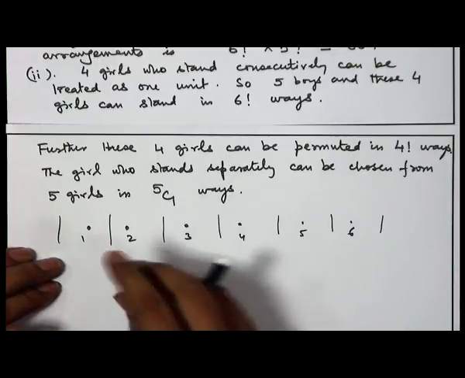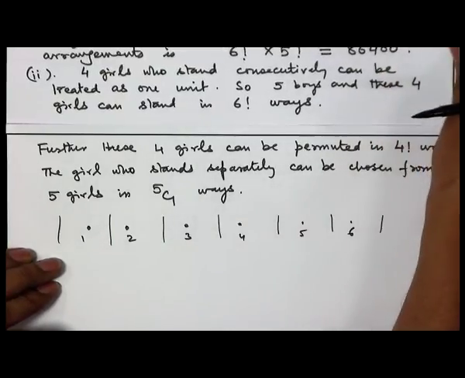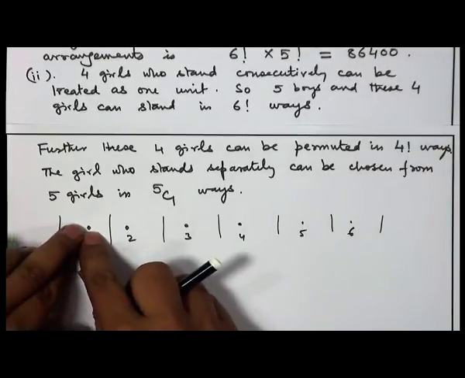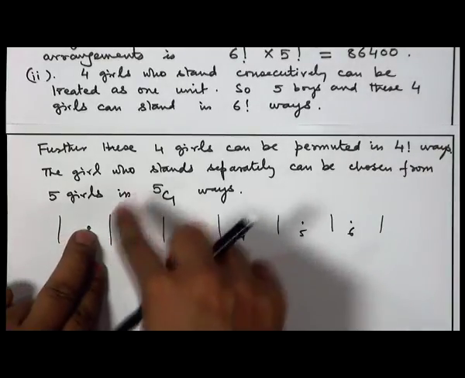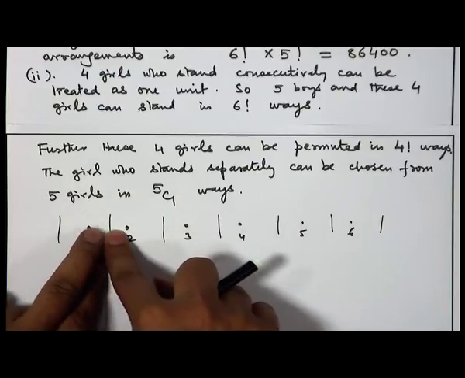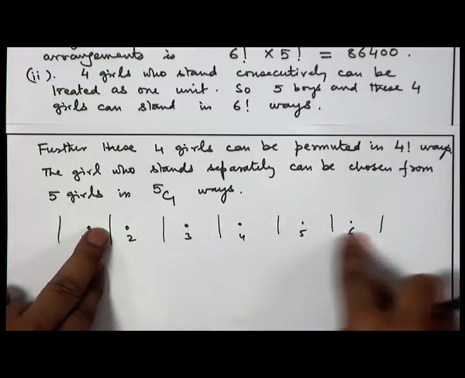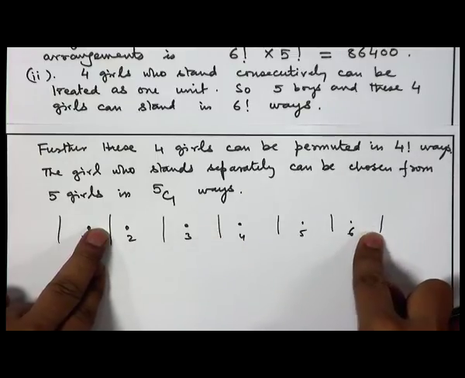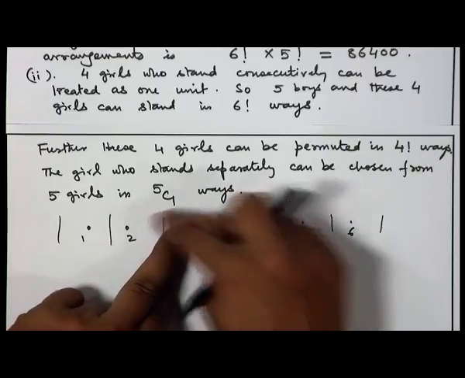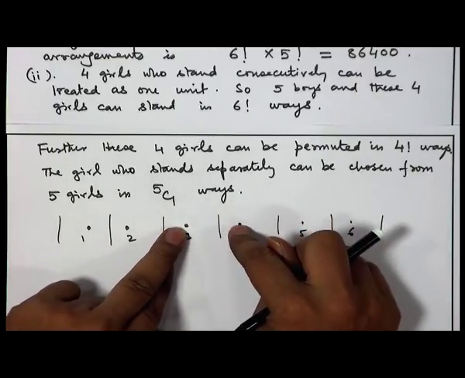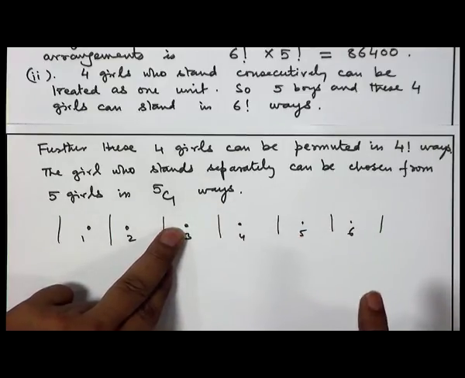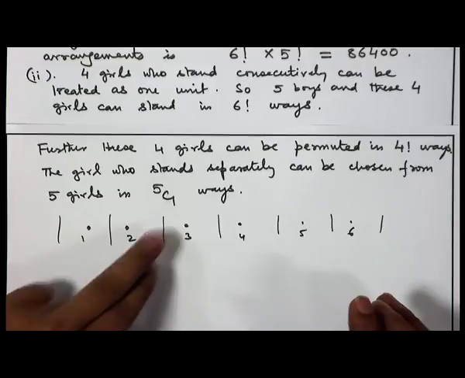However, since we have the condition that exactly 4 girls stand consecutively, if these are 4 girls, then the remaining girl cannot be here or here. That means it has to be placed in the 5 places. Similarly, wherever those 4 girls occur, adjacent to that on both sides, that girl cannot stand. So, only 5 possibilities remain for placing that last girl.